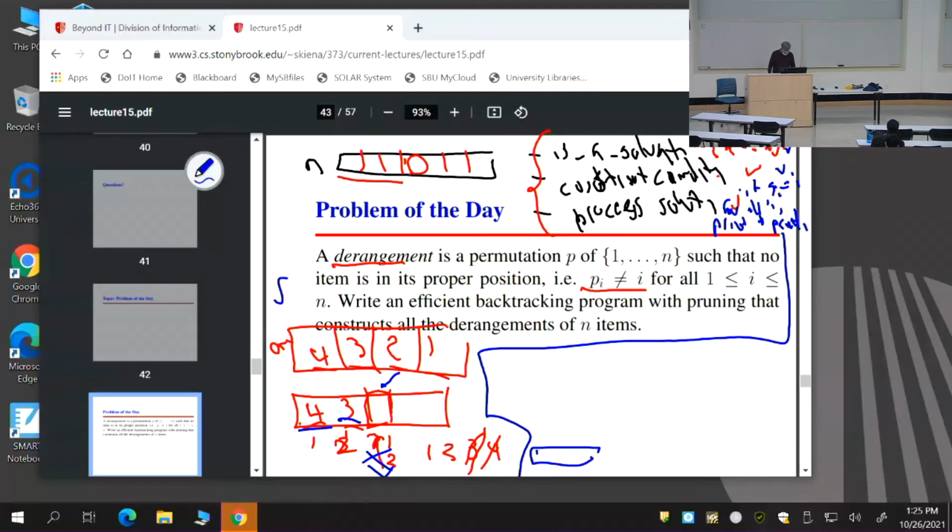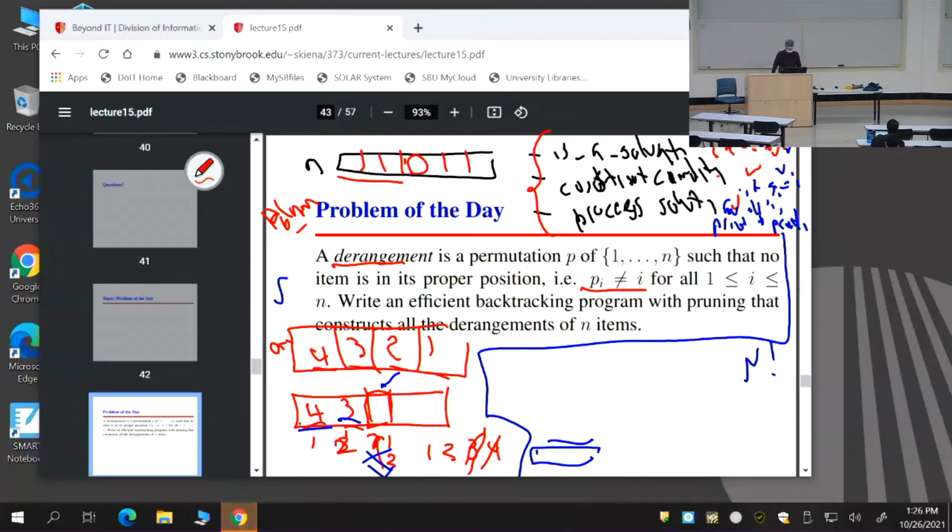Does everybody see? The moment I put a 1 down, everything I do from then on cannot possibly help me. Okay? So mine is going to take time proportional to order n factorial. Yours is going to take time proportional to the number of derangements. Does that kind of make sense?